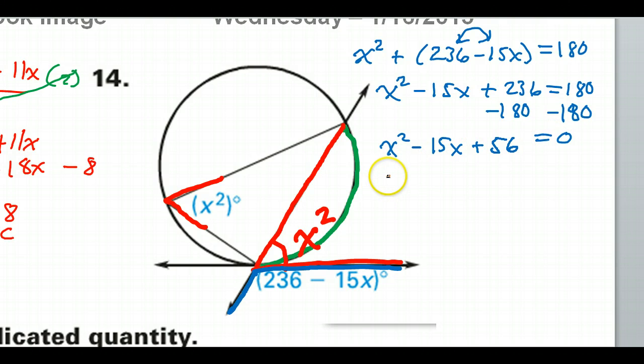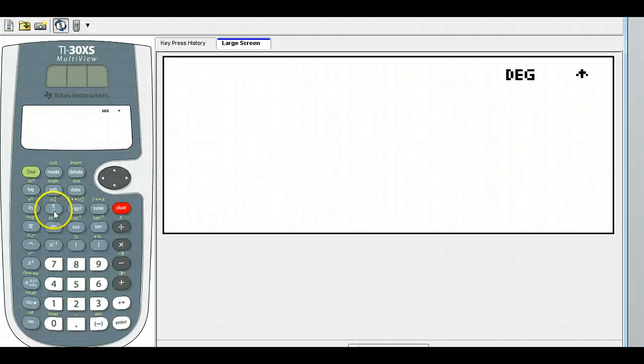So getting ready to do the quadratic formula, that means a is 1, b is negative 15, and c is 56. So I'm going to put all that in my calculator inside the quadratic formula, which I just showed you on the last problem. Start by hitting your fraction button.